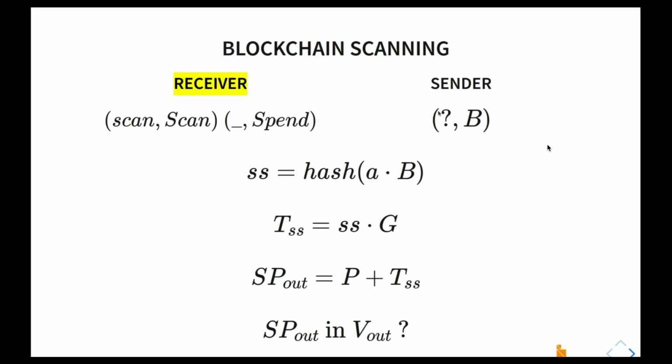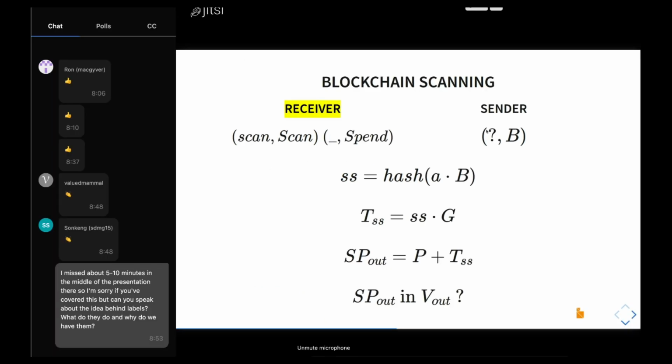So you use these labels to identify the sources, and when you are scanning for the payments, it's just another tweak that you add to your public or private key. At the moment of signing is when you tweak your private key with these labels to produce a signature.